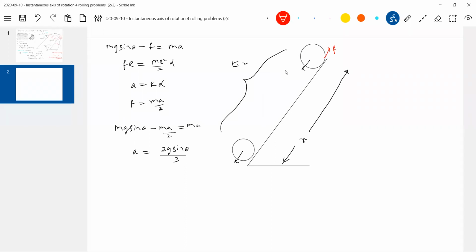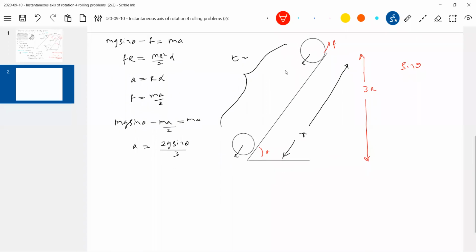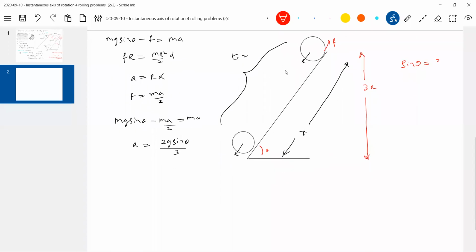For that we need x, and for that what is given? This height is 3r, and we know this theta. So sine theta is equal to 3r by x, so x equals 3r by sine theta. Theta is 30 degrees, so this will be 3r times 2, which is 6r.